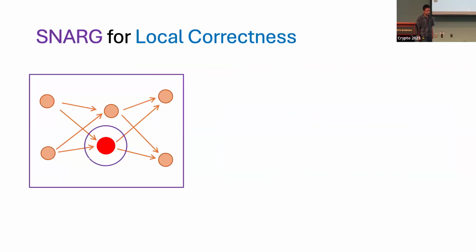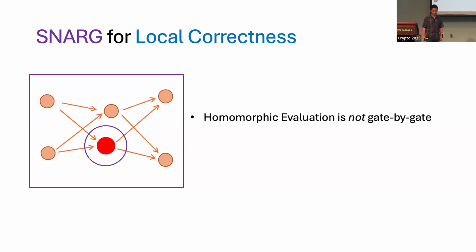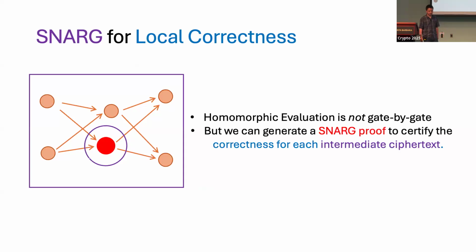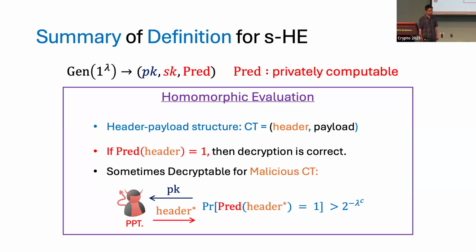So in our definition of this sometimes decryptable homomorphic encryption, we also introduce snarks for local correctness. So our homomorphic evaluation is not only gate by gate, but we also provide a snark proof to certify the correctness for each intermediate ciphertext. So finally, this is a summary of our definition for sometimes decryptable homomorphic encryption.